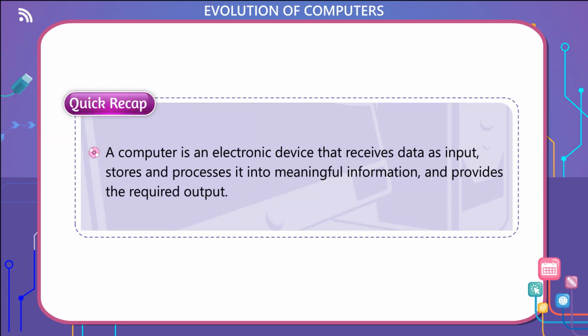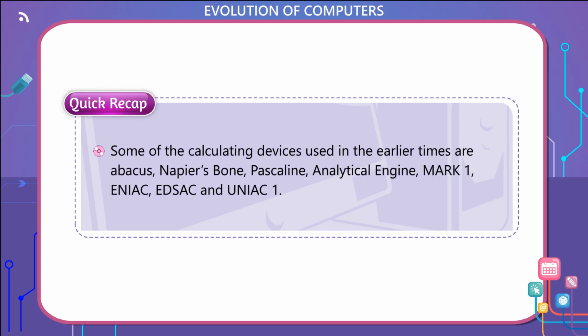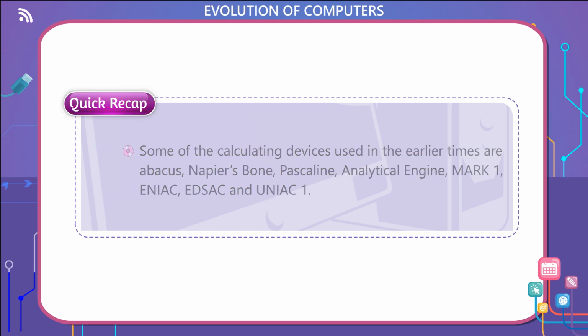Quick recap. A computer is an electronic device that receives data as input, stores and processes it into meaningful information and provides the required output. Some of the calculating devices used in the earlier times are Abacus, Napier's Bones, Pascaline, Analytical Engine, Mark I, ENIAC, EDSAC, and UNIVAC 1.